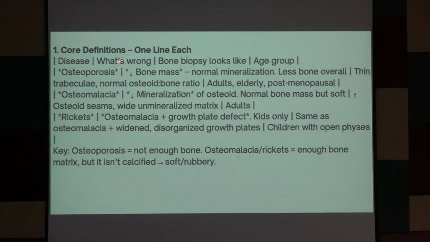Osteomalacia, what's wrong? Decrease in mineralization of osteoid, normal bone mass but soft. In biopsy, increase in osteoid seams, wide unmineralized matrix, found in adults. And what is rickets?